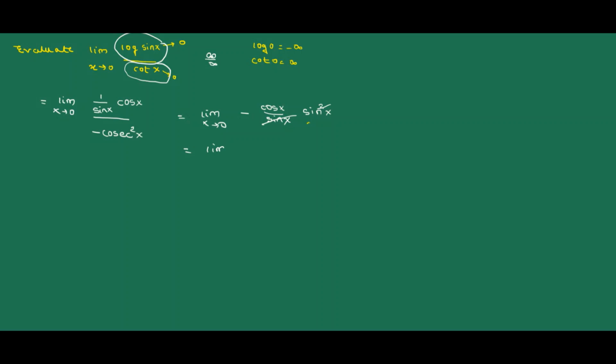Limit x tends to 0 of minus sin x into cos x. And now if you substitute x is equal to 0 here, sin 0 is 0 into what is cos 0? Cos 0 is 1. So on simplifying you will get 0, which is the required limit.